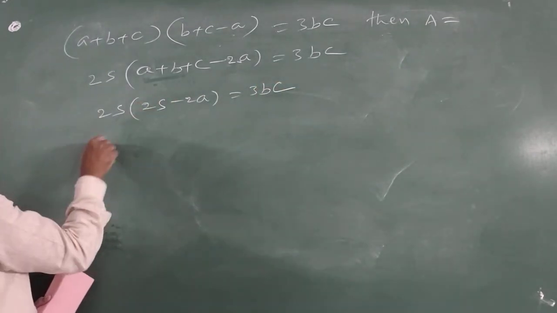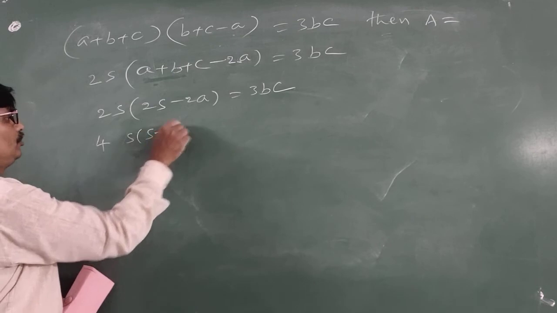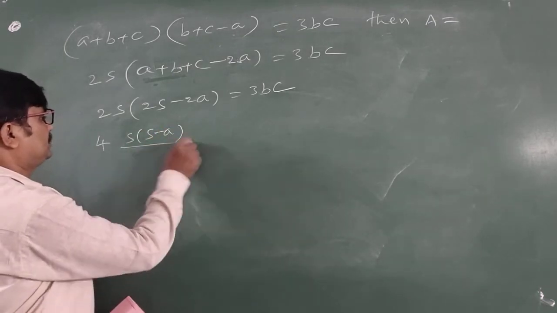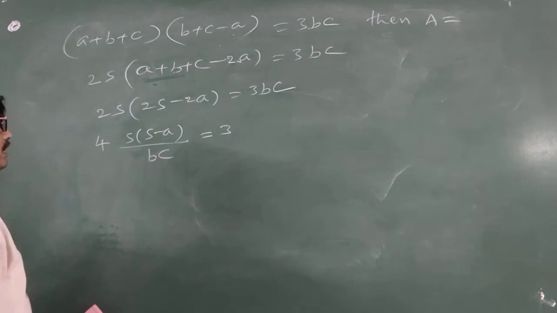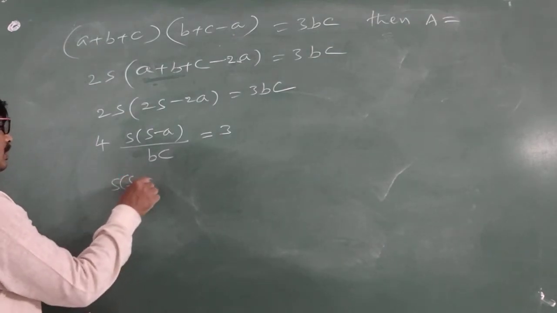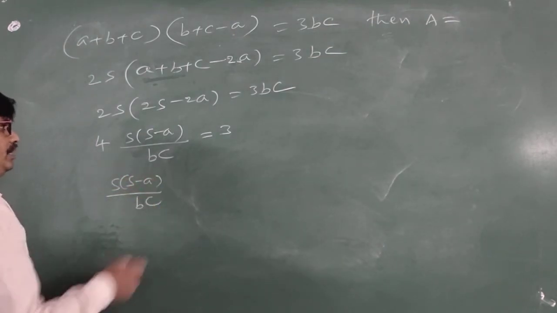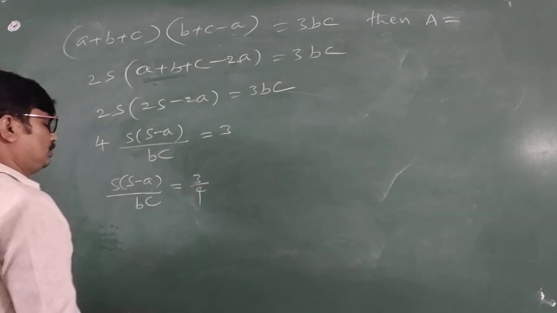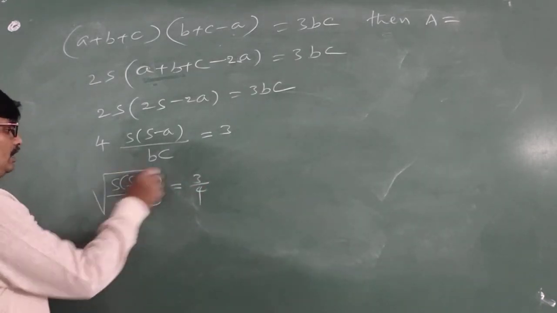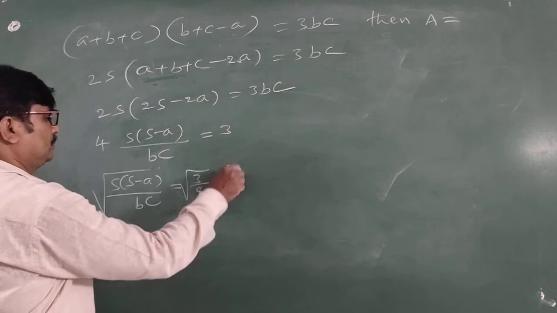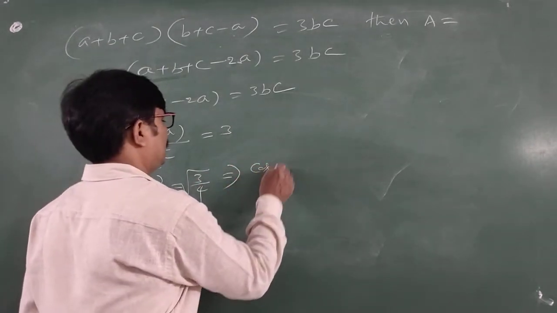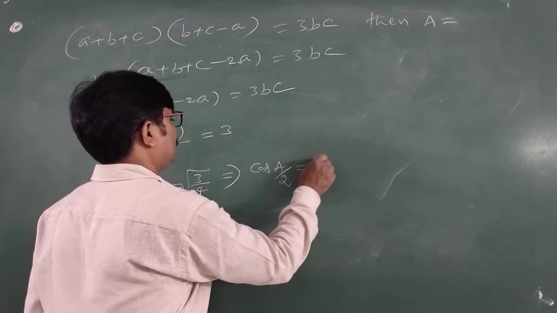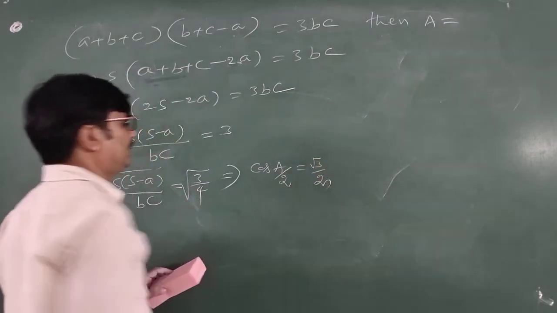2 into 2 is 4. s into s minus a by bc equal to 3 by 4. When we take the square root, cos of A by 2 equals root 3 by 2.